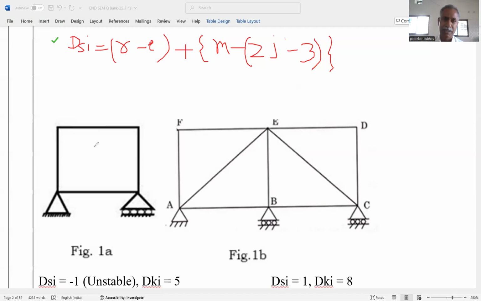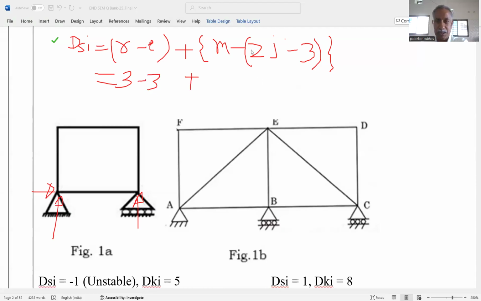Otherwise, if a rectangle or pentagon is there, the truss is not stable, it is unstable. Okay, so let us start. DSi external: here the hinge is there, that's why two unknowns, horizontal and vertical reaction, and a roller is there at another support, 1. So 3 minus, equations available are 3, therefore it is 0.